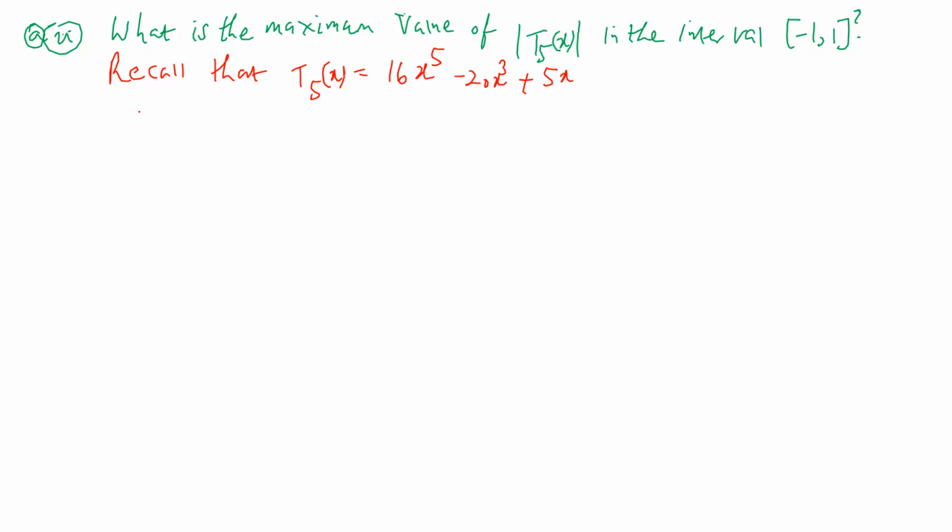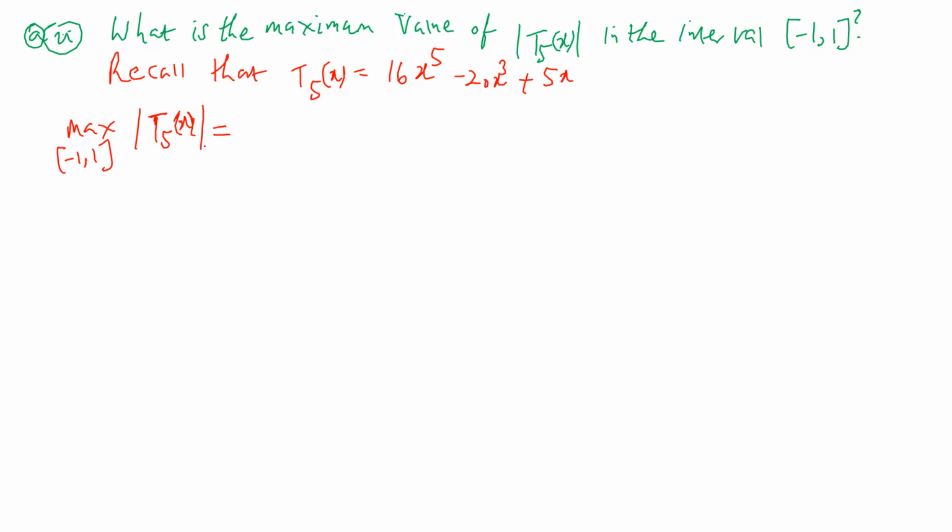Therefore, the maximum value is the modulus of this, but we are also finding the maximum of it, so we put max. So what do we get out of this?